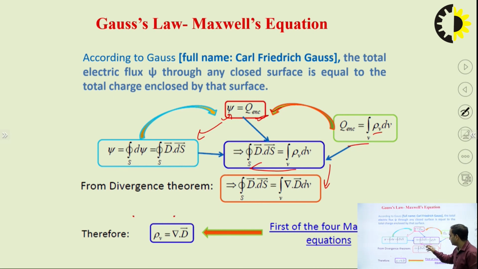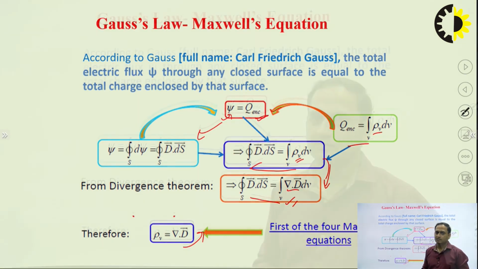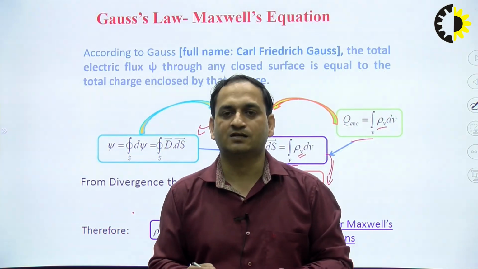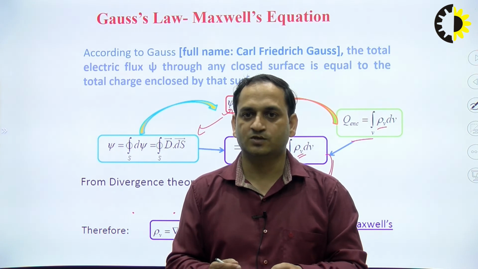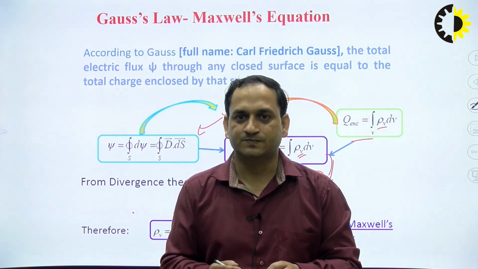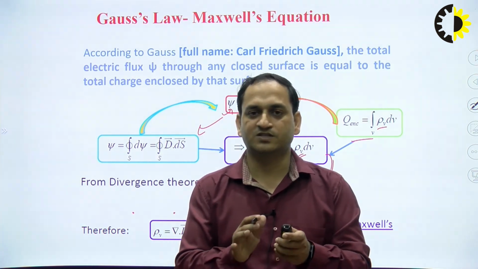So in this way we can write by the divergence theorem that the closed surface integral of D dot dS is equal to the volume integral of del dot D dv. So from these two equations we come to the conclusion that rho_v is equal to del dot D. So this is the Maxwell's equation from where we will start the application of Gauss law, if time permits. Okay, so I hope this section is very much clear to all of you.